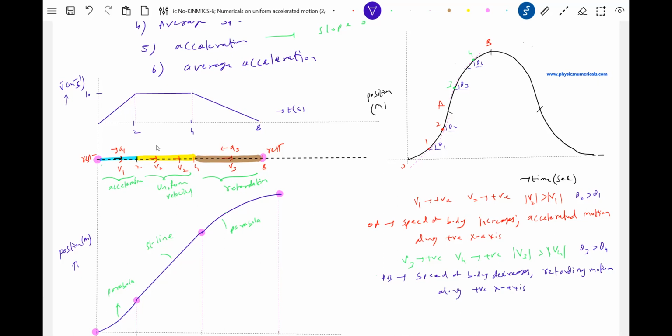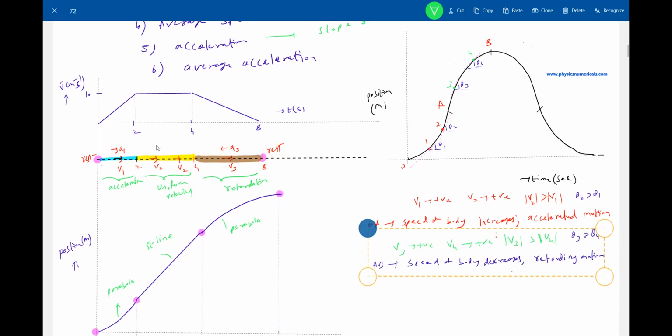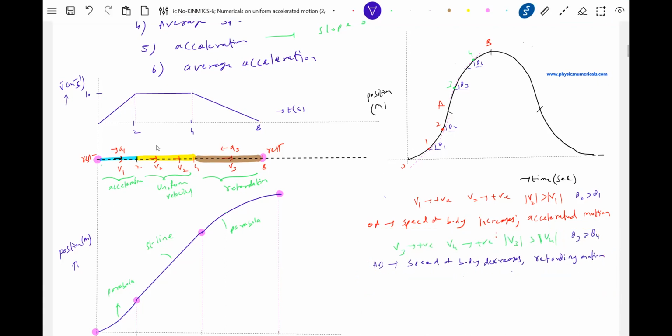The direction I will show later by another graph, and there I will indicate retarding motion and accelerated motion. So that is the first and second thing; the third we will analyze.